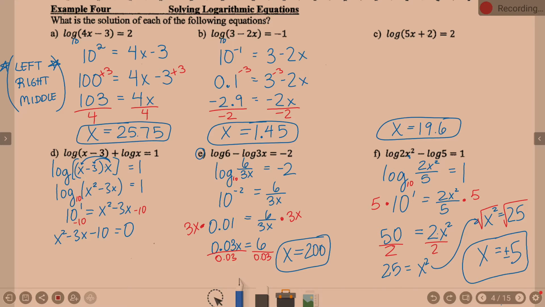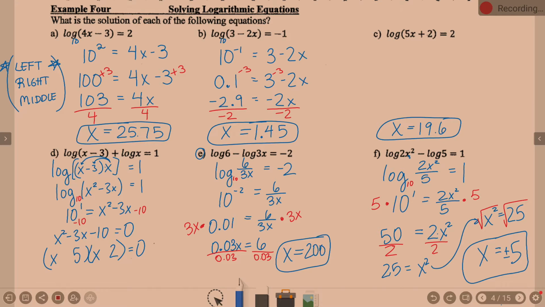Our process is to factor. Two parentheses. X squared breaks into x times x. I need 2 numbers that multiply to be negative 10 and add to be negative 3. Negative 5 and 2. Do we like Levi's answers? Yes. The 5 and 2 are obvious, I hope, because 5 times 2 is 10, 5 minus 2 is 3.